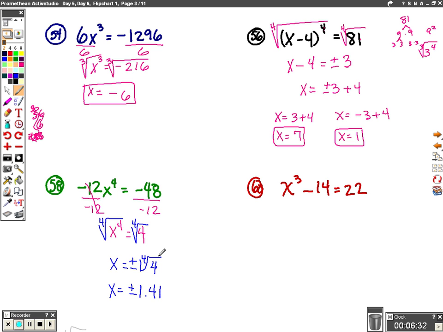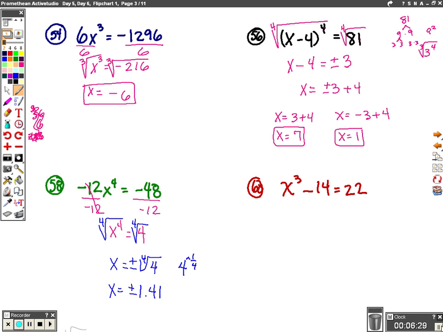Well, last lesson we looked at changing this radical notation into a rational exponent. So this index becomes the root, so 4, and what's my power here? It's just the 1. So 4 to the 1/4 power. In your calculator, you could do 4 to the 1/4 power and find it's approximately 1.41.